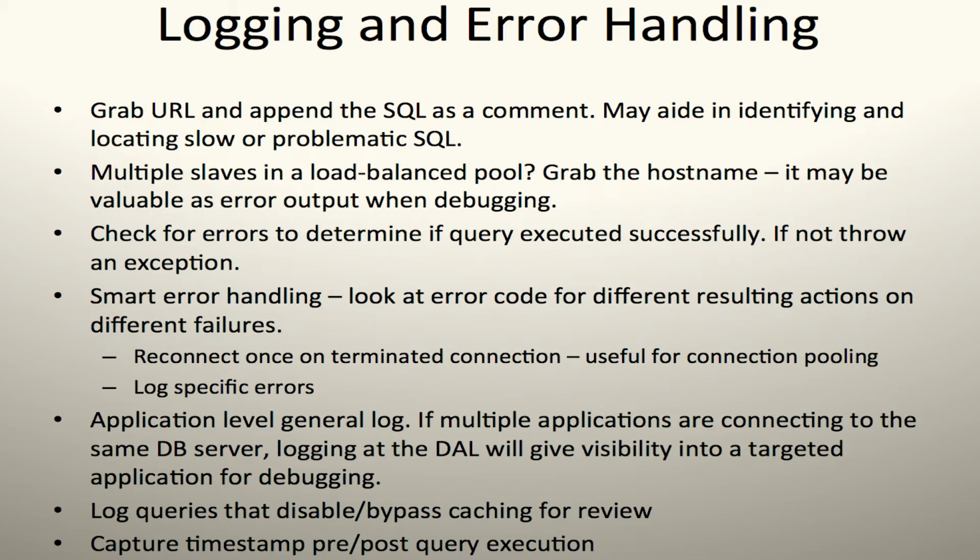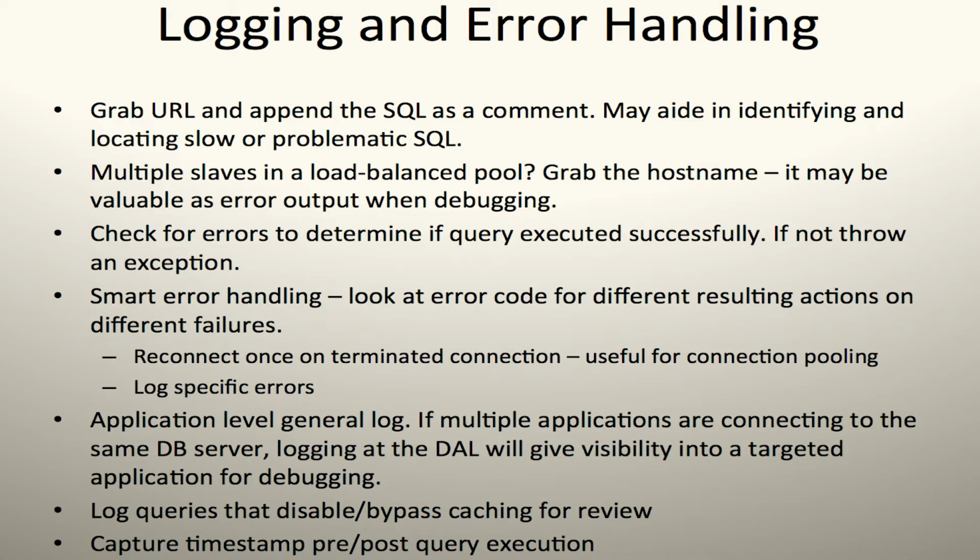Now, if there are queries that are explicitly bypassing caching with false, you may want to know what they are. So again, you could put a little bit of logic in the abstraction layer. You don't want to reject these, but maybe you want to gain some info on that. Every time one of these passes through, take that query and write it to a log file, so you can take a look at it later and say, here are all the queries that are bypassing caching. Maybe we could take another look at these and actually start caching them.